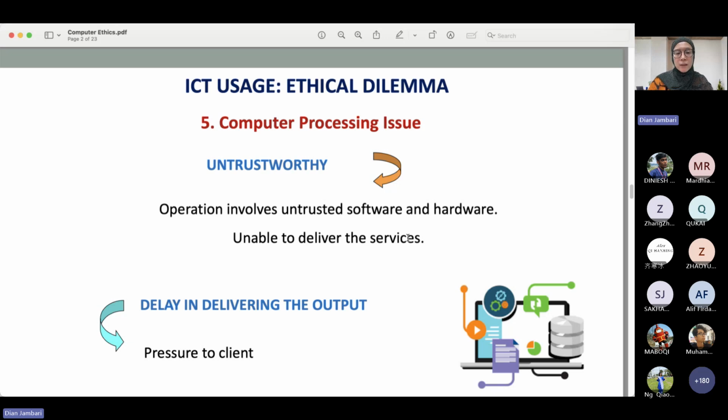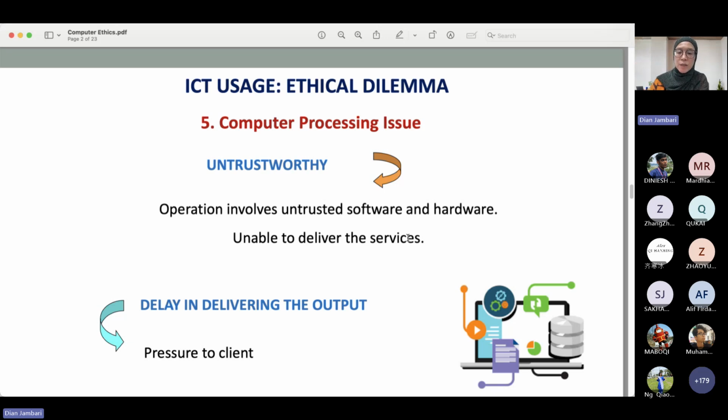This is different from the previous dilemma where you probably used pirated software. It's not pirated software, but probably you use an open source software whose source is untrusted, and that causes the processing of the information using these ICT to become untrustworthy. Hence, it may not be able to produce the outcome that is needed.